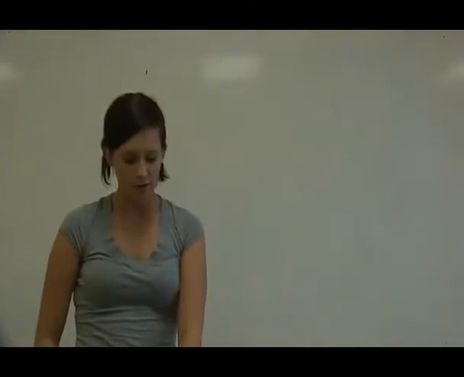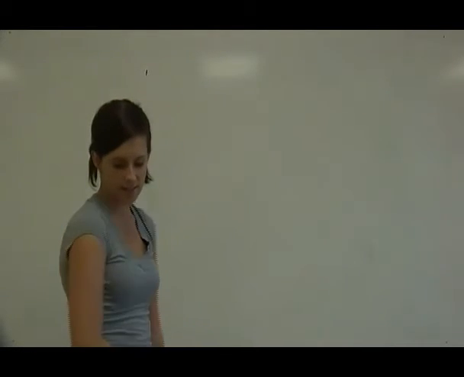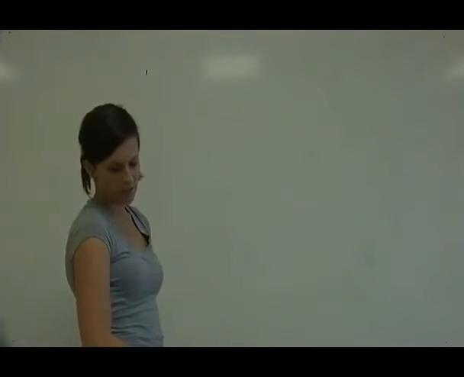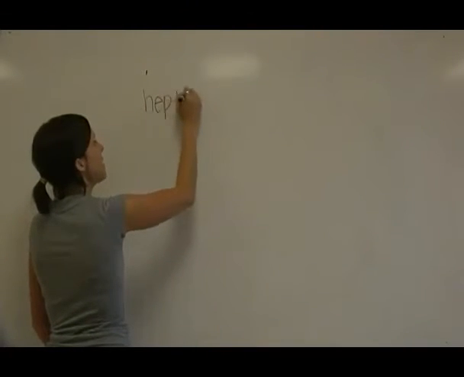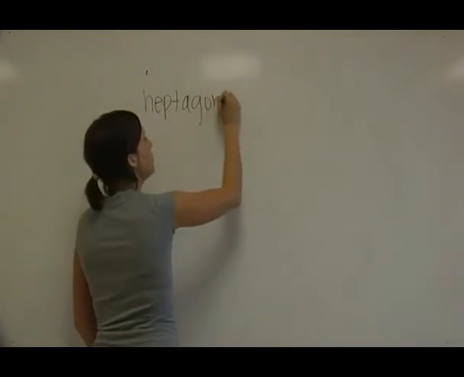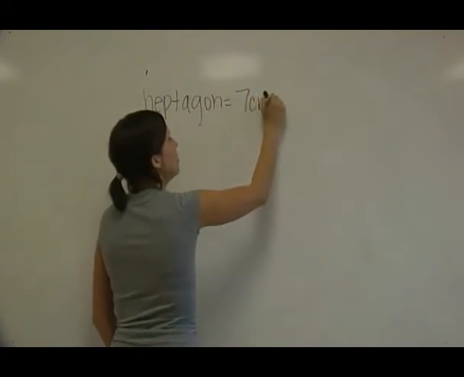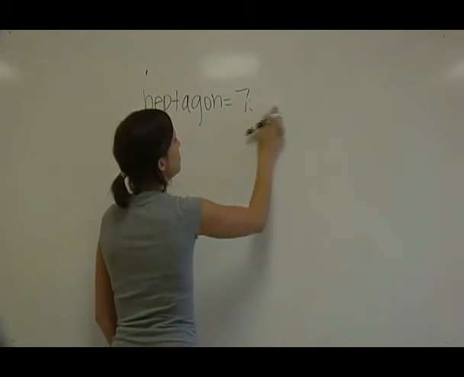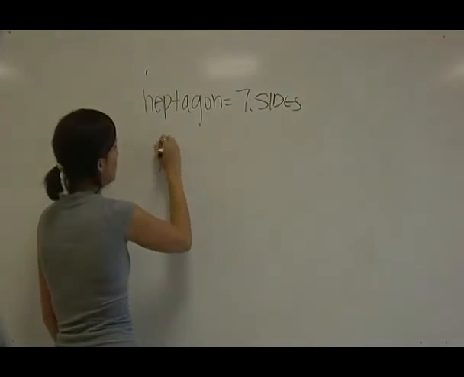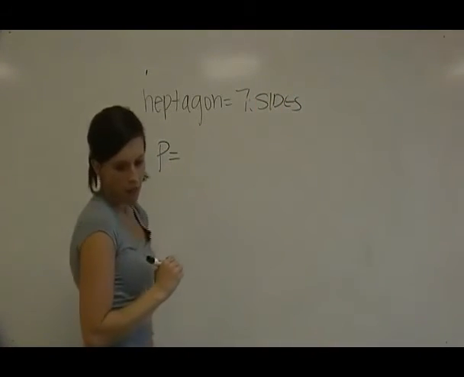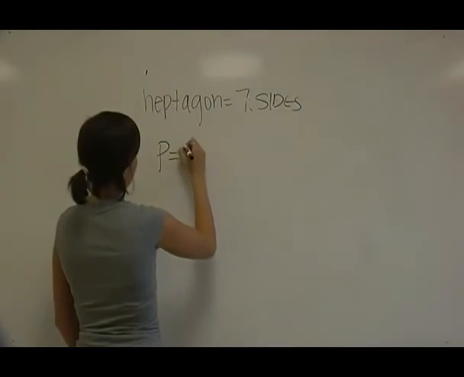Okay, number 8 says the perimeter of a regular heptagon is 36.4 centimeters. So a regular heptagon, hepta, means 7, or 7 sides. And it says that the perimeter equals 36.4.